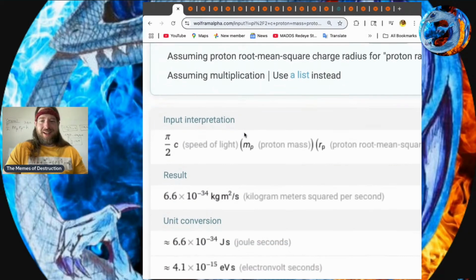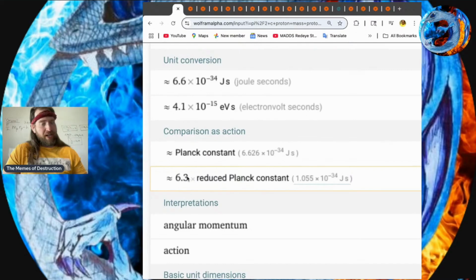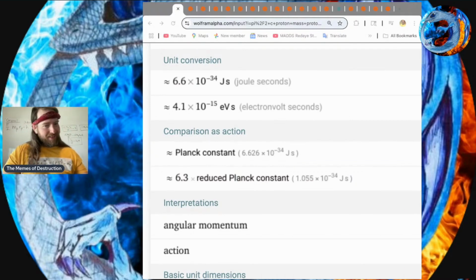Okay, so as we can see here, when we put that all in, we get about Planck's constant, h. Okay, so we get the first couple of digits over there. All right, that's really cool. And again, it's pretty close to Planck's reduced constant. It's about 2 pi off, because that's the difference between Planck's constant and Planck's reduced constant. Cool. All right. So let's see, where do we go from here?